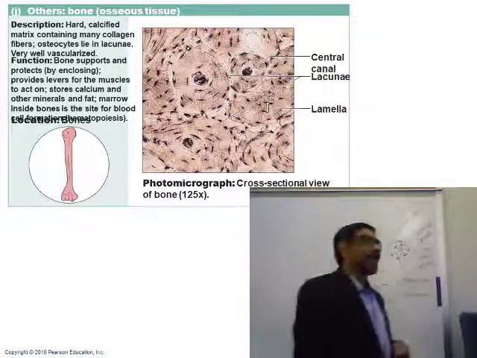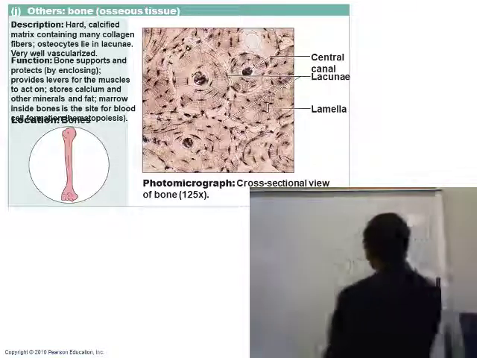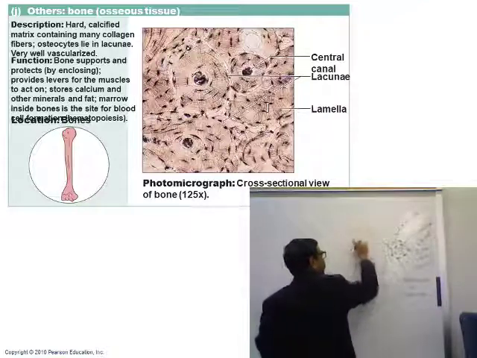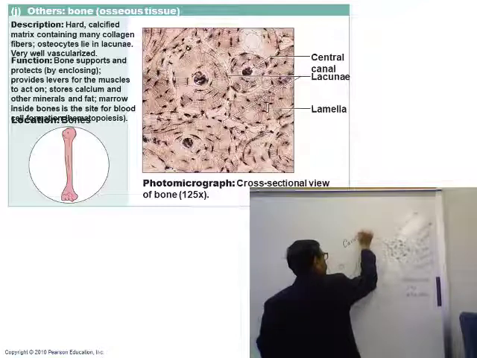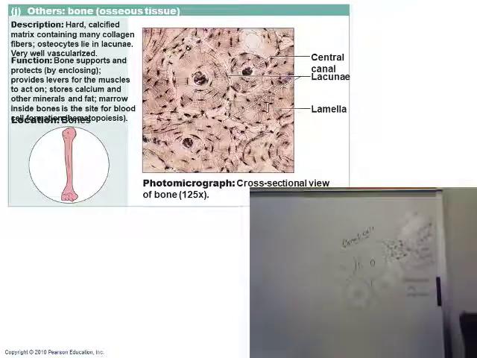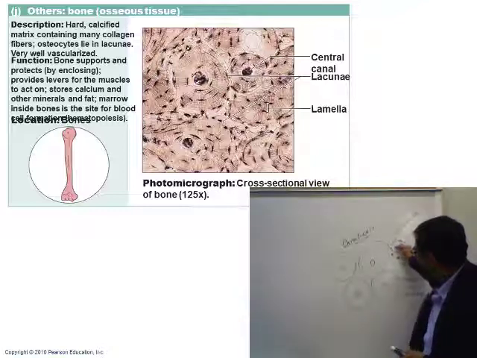Those are called canaliculi. So these fine channels are called canaliculi. Through these channels, fluid goes from the blood to the lacunae and from one lacunae to another.